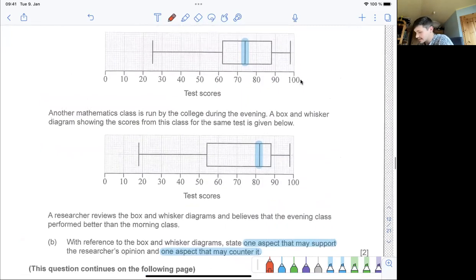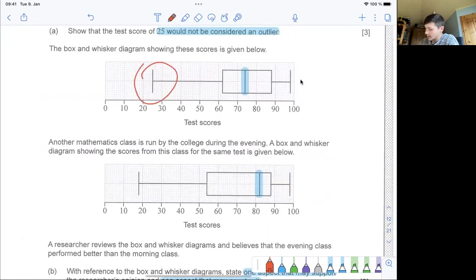And now the one aspect that I'm going to use to counter it is that the lowest mark in the morning class is higher than the lowest mark in the evening class.